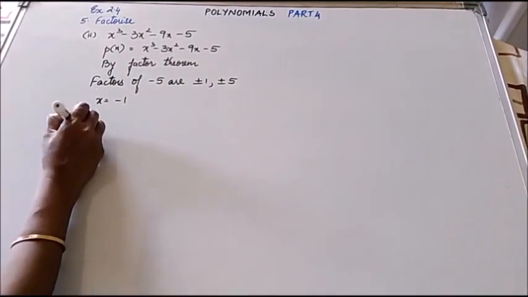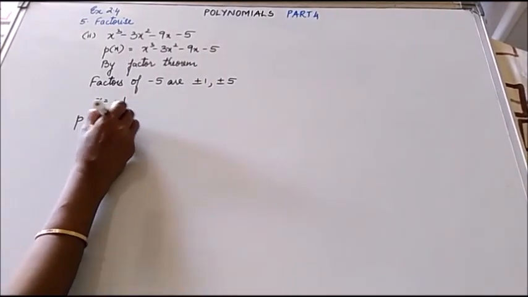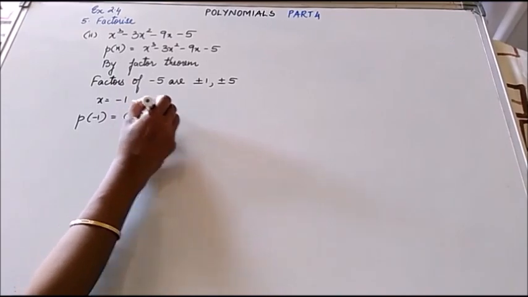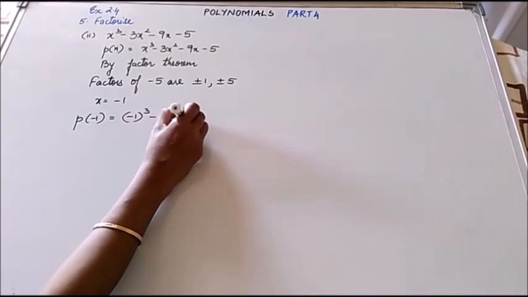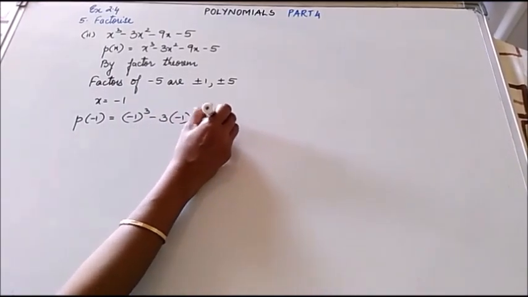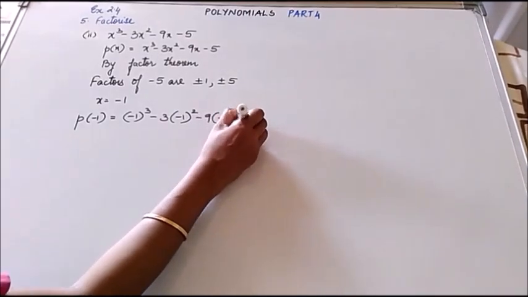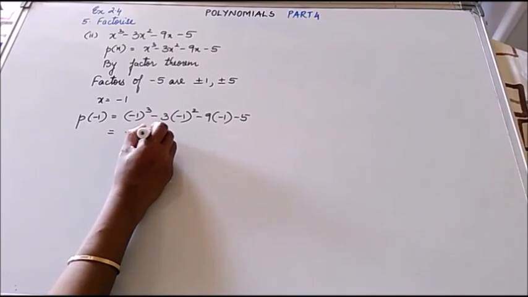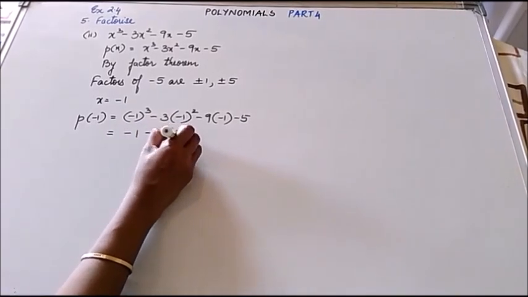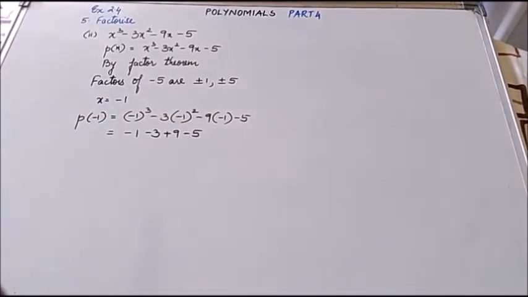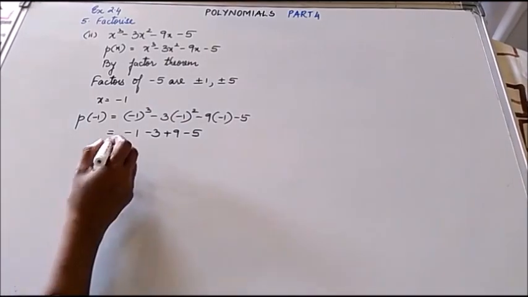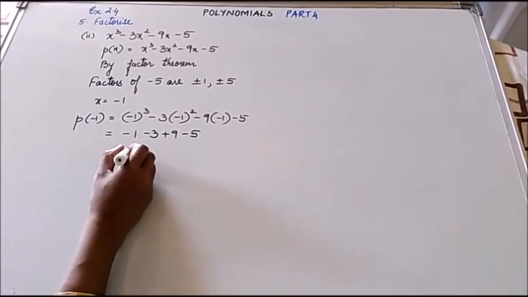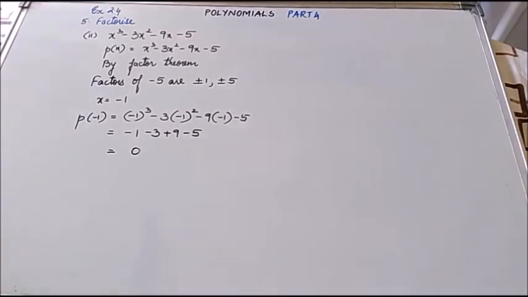Now what do we get here? P of minus 1 is equal to minus 1 the whole cube, minus 3 into minus 1 the whole square, minus 9 into minus 1, minus 5. You get here minus 1, minus 3, plus 9, minus 5. What do you get here? We get here 0.